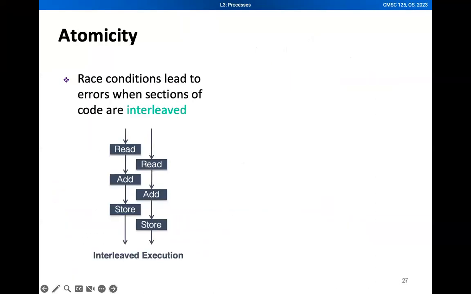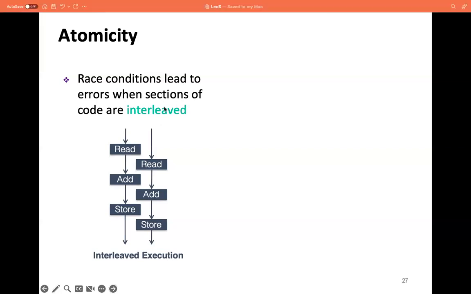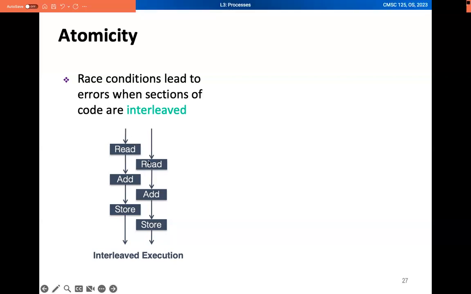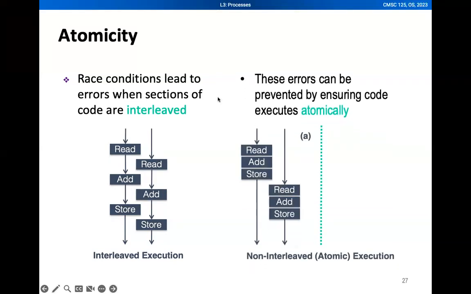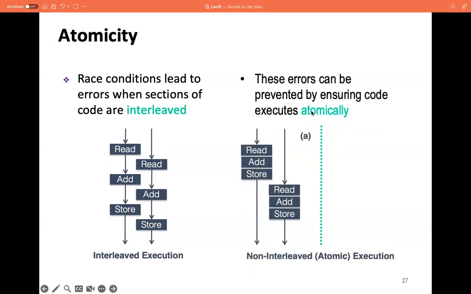All right. So race conditions lead to errors when the sections of code are interleaved, as shown in the previous examples. For example, we have these two processes, and they are interleaving, or there is context switching happening every now and then. These errors can be prevented by ensuring that the code executes atomically.